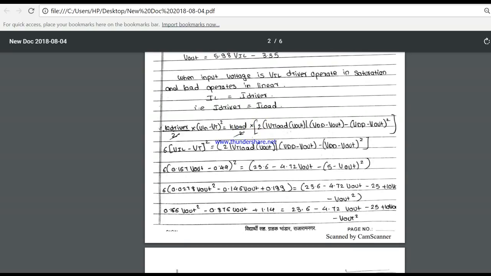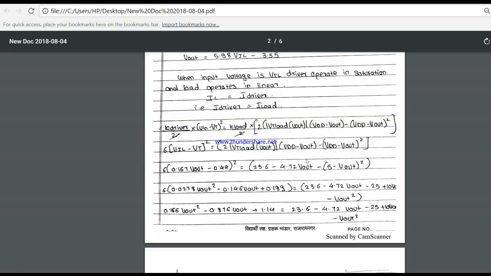Now when the input voltage is VIL, the driver is operating in saturation and the load is operating in linear. So therefore we'll write I driver is equal to I load, that is K driver by 2 times (V in minus VT) squared is equal to K load by 2 times (2 mod of VT load of V out times (VDD minus V out) minus (VDD minus V out) squared).